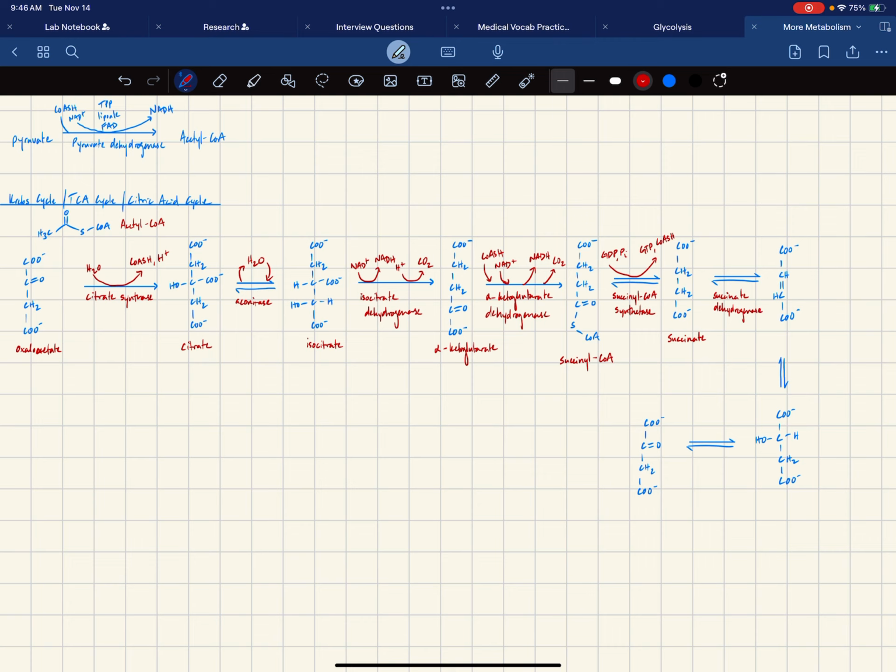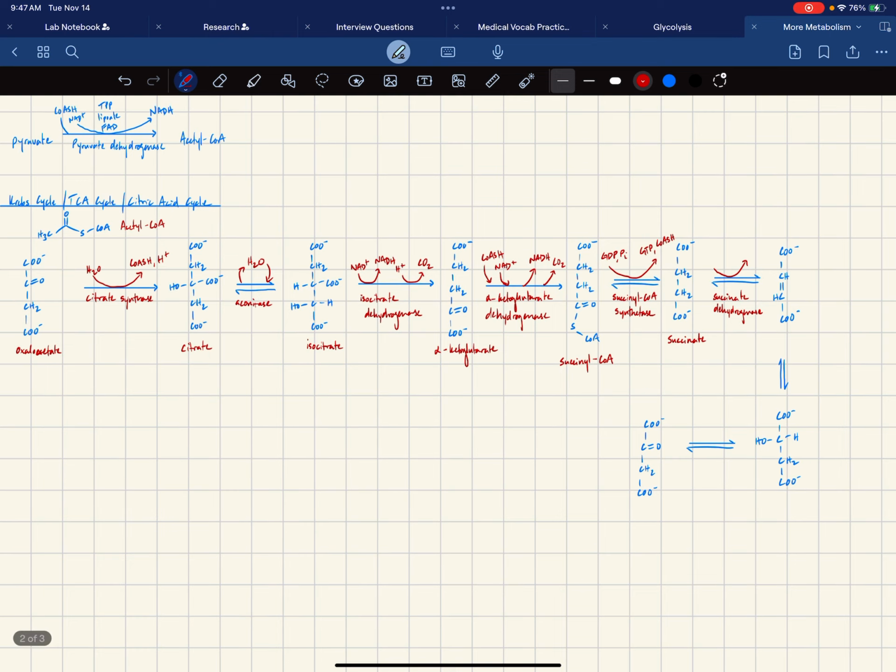Succinate dehydrogenase is actually a complex within the electron transport chain, and that's why we use FAD and FADH2 for this rather than NAD and NADH, because these are more readily available there. And it just feeds the hydrogens and the electrons directly into the electron transport chain. So this is FAD, FADH2.